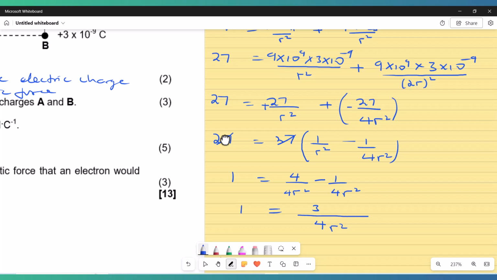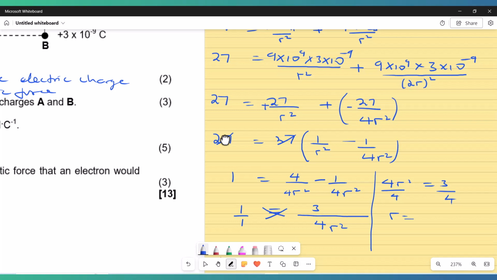Because I'm looking for the r squared here, I'm going to cross multiply. So what do I get here? I get 4r squared equals 3, so divided by 4 here. After taking the square root, what's my r, which they wanted here?